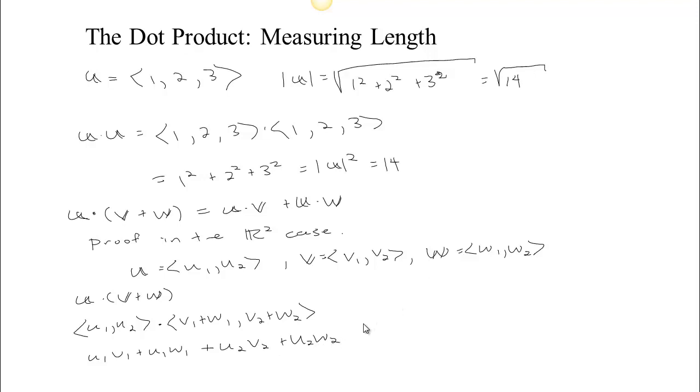If we separate those out, then we have u1 v1 plus u2 v2, and we have u1 w1 plus u2 w2. All we've done is rearrange the order of addition here. And notice that is u dot v plus u dot w.